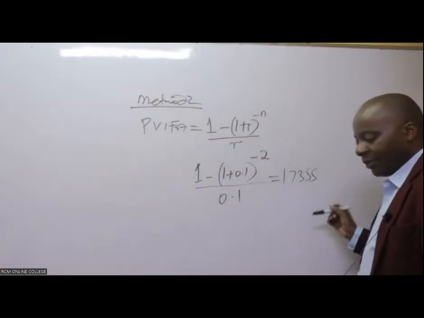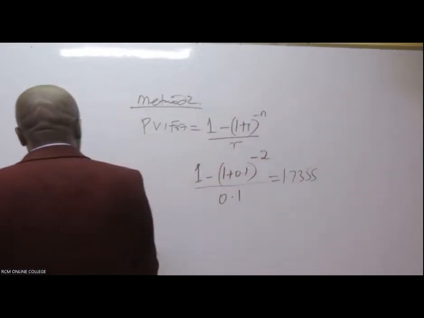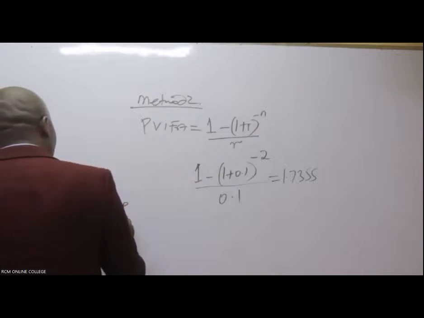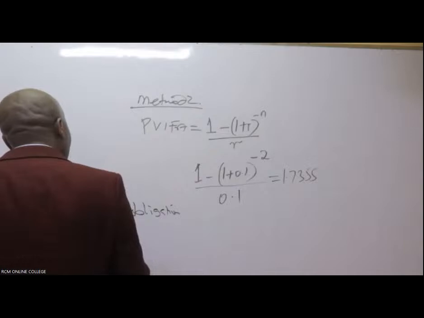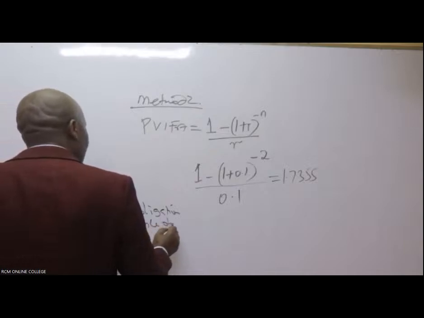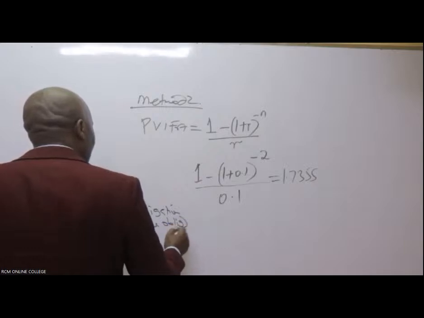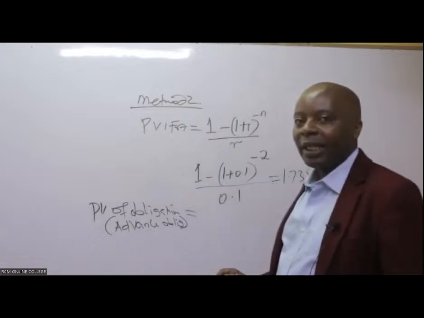And now, ladies and gentlemen, listen. How do I get the present value of the obligation when there is an advance payment? Remember in the questions that the examiner gives, they normally say that the lease rentals are paid in arrears at the end of the year.